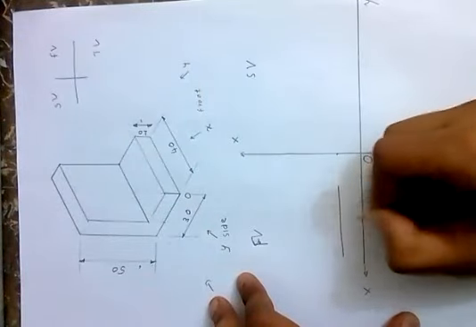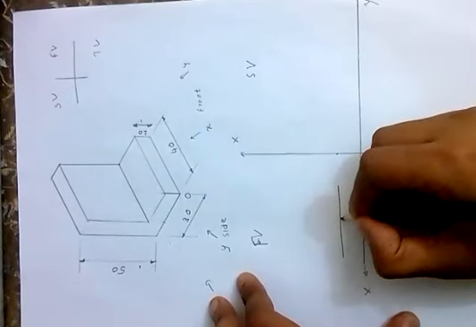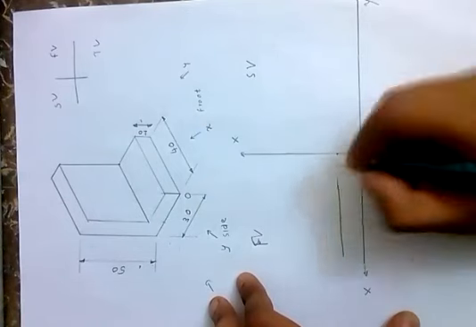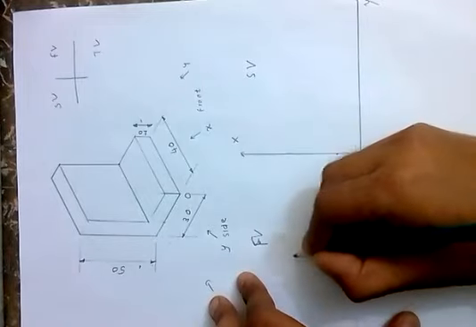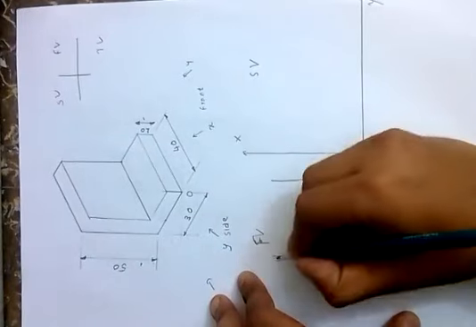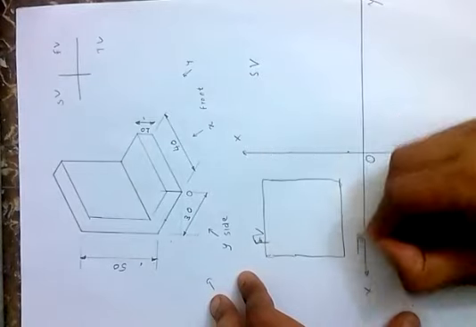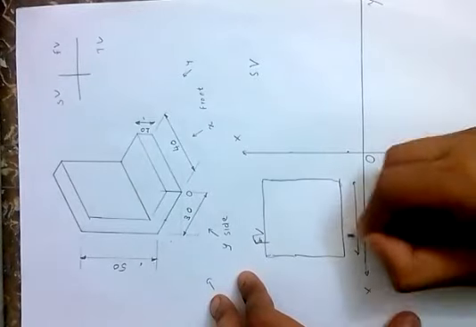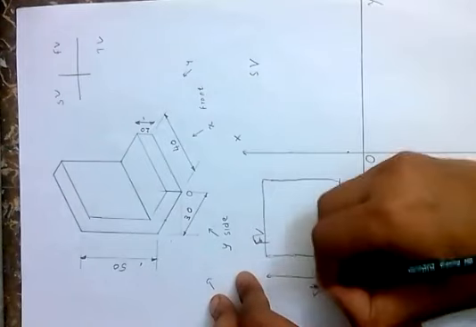This distance is approximate; as per your convenience, we can select a suitable distance. This is 40 and your height will be 50. Just draw the box having length 40 mm and height 50 mm.